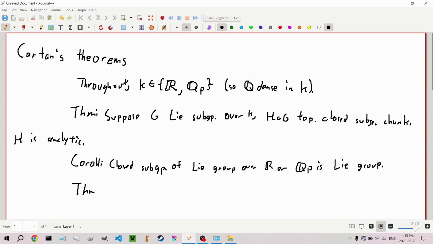And we have a second theorem which states we're going to have two Lie groups over K. Then any continuous homomorphism phi from G1 to G2 is analytic.